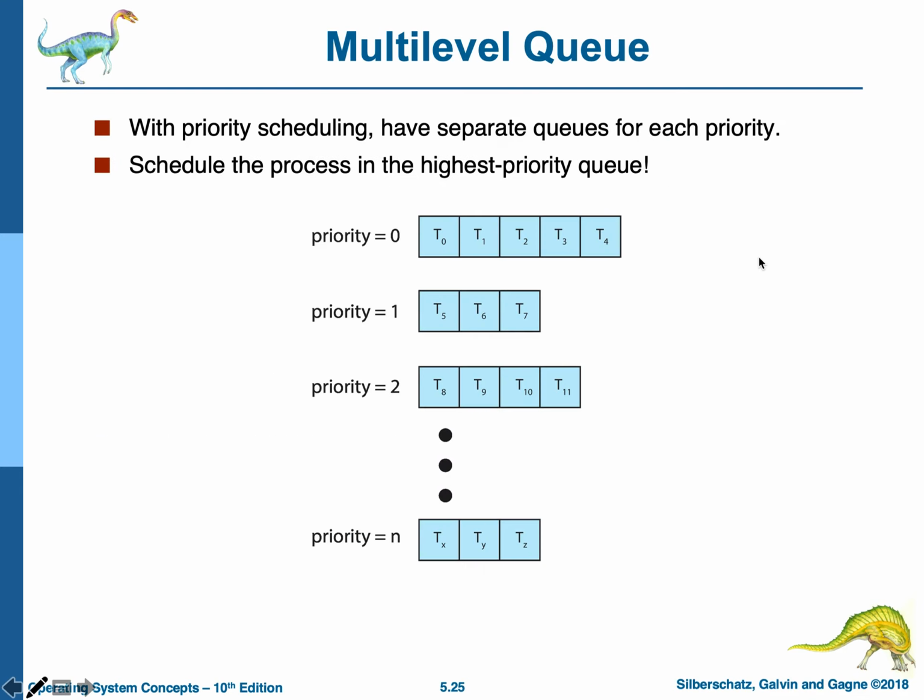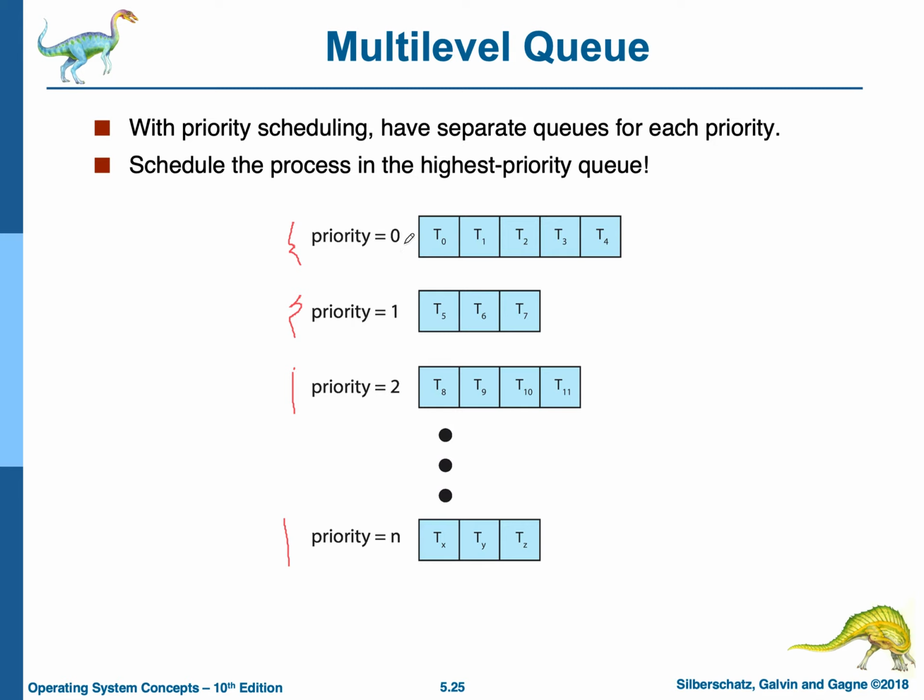For managing this condition, we have multi-level queues, which means that all processes belonging to priority 0 go here. Priority 0 is the highest here, theoretically, and priority 1 is lower than that, then priority 2 and priority 3. So these queues are on the basis of priority.